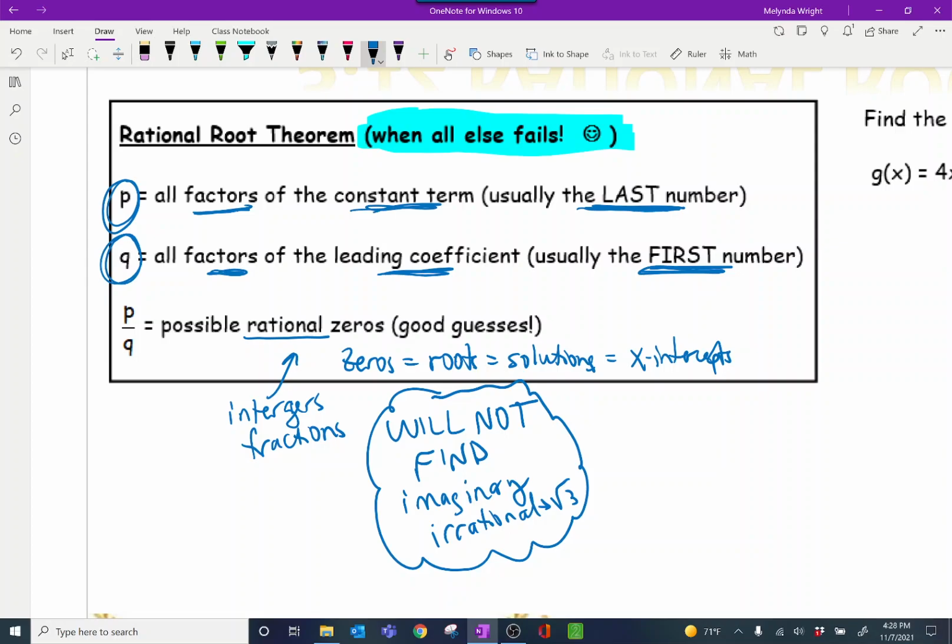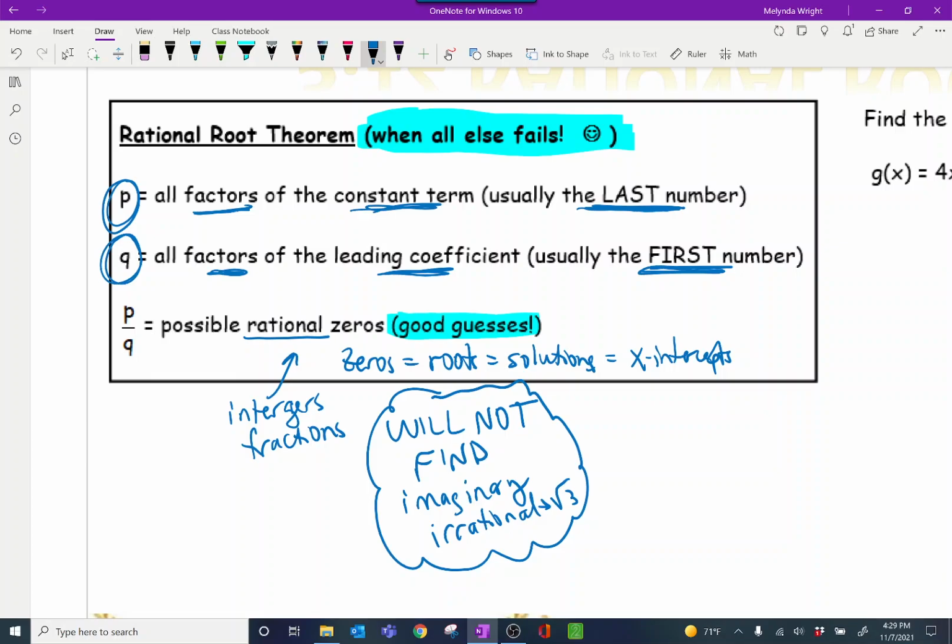Now, what we do to find all the possible rational zeros, which we're saying here are good guesses, is basically narrow things down. We have an infinite number of options, right? Numbers go from negative infinity to infinity. But this particular test helps us narrow it down to the only rational numbers the solutions, roots, or zeros could be.